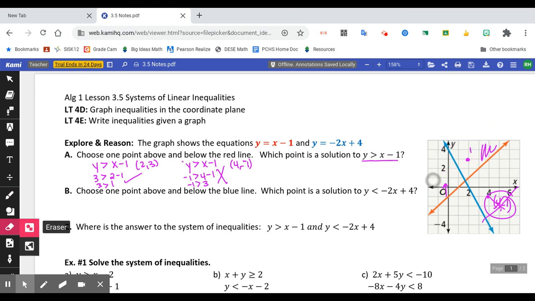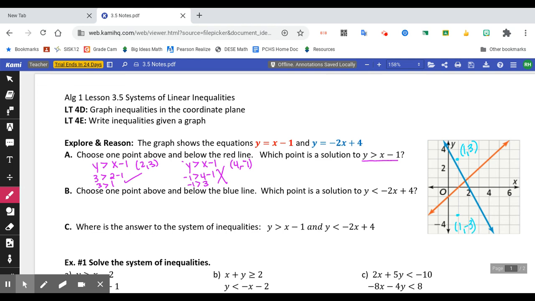If I say that I want to pick a point above and below the blue line to see which one is actually a solution, possibly if I pick one above it, we could have maybe like right here, so 1, 3. And below it, maybe down here at 1, -3.